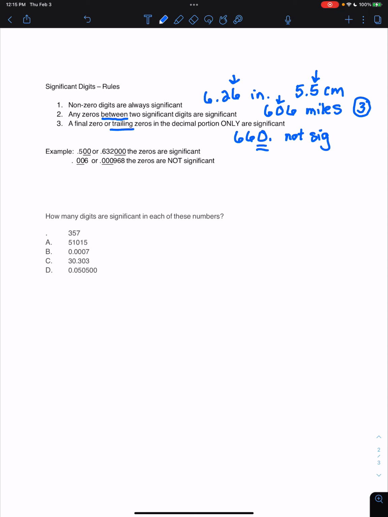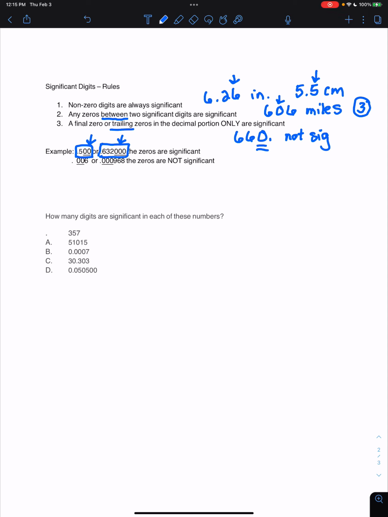However, if that zero was in the decimal place, for example, here or here, this is telling us I can measure this measurement to this many decimal places. So these are significant. I can measure to the 1,000th place in my measurement.